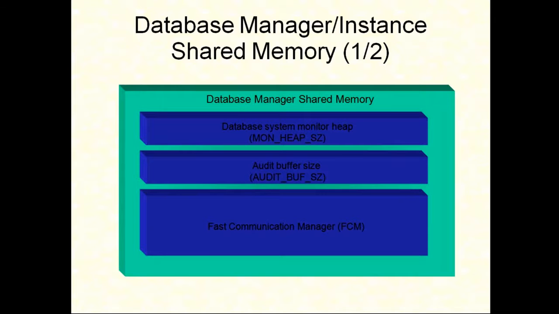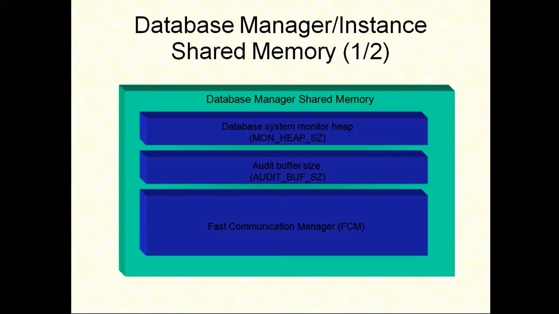The next memory requirement is audit buffer size. Today, in the growing database environment, everyone wants the database to be audited, so that an unauthorized person should not access the database. Such kind of reporting should be logged, and that is where the audit is required.